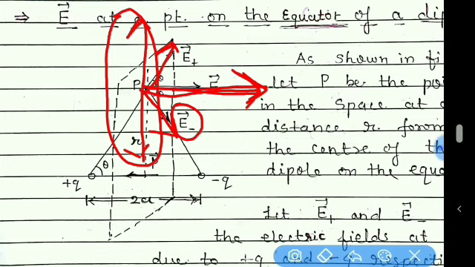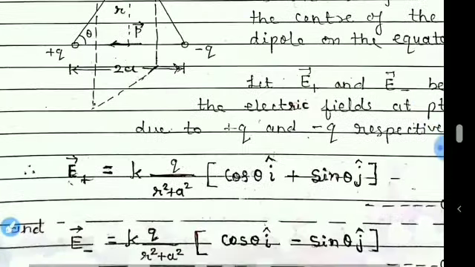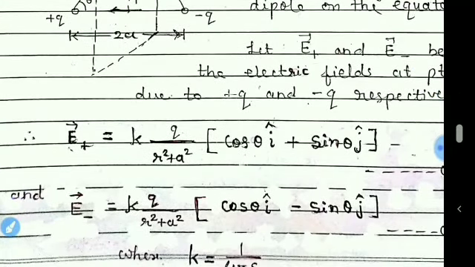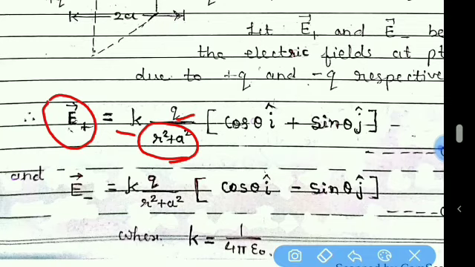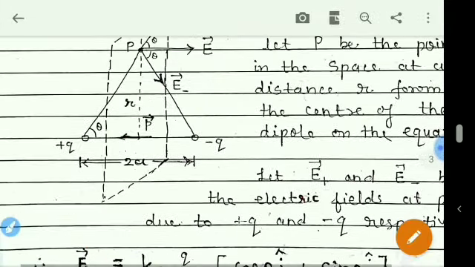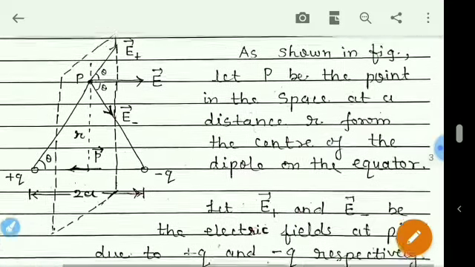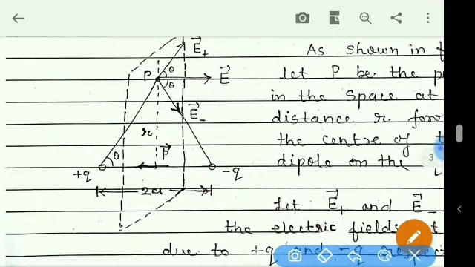So here mathematical steps will be like this. So E plus is given by K Q by distance square. We know the distance is root of a square plus r square.